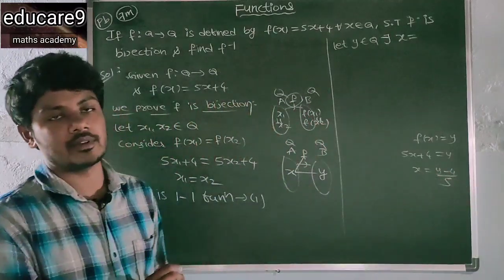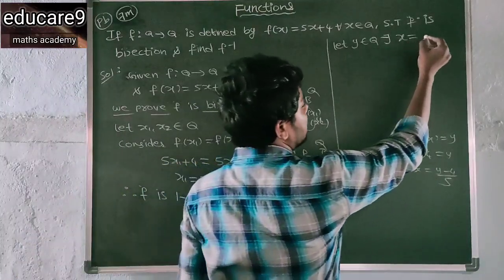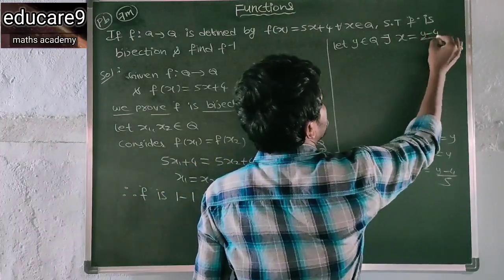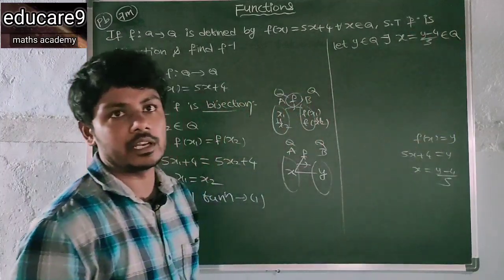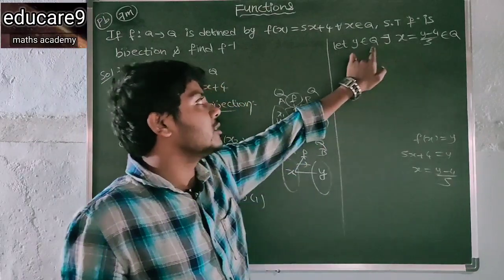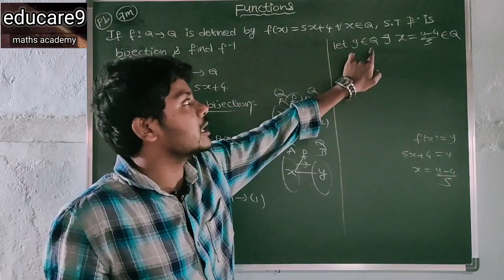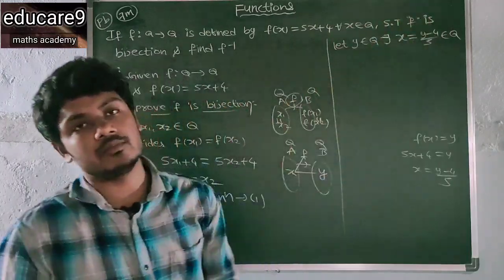So this is the x value. Now there exists x equal to (y minus 4) by 5 belongs to Q. So clearly, if you substitute any value of y, that is Q, a rational number, then you get x also belongs to Q.